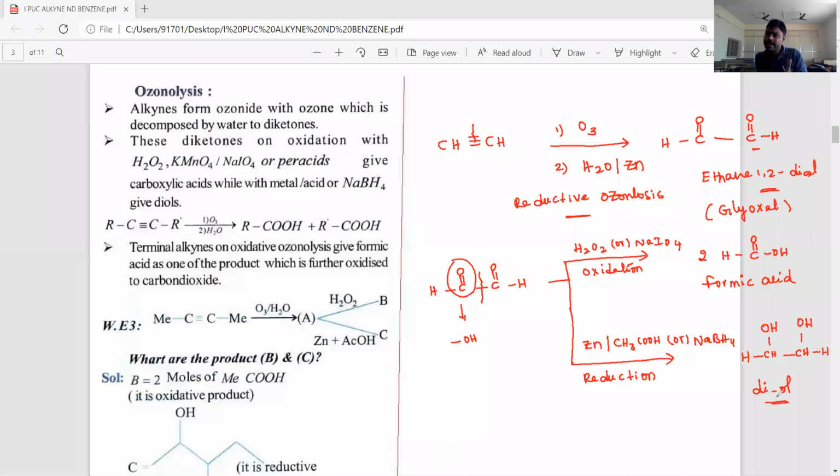The diketones or dialdehydes upon oxidation give 2 moles of acids, or upon reduction with zinc metal, sodium borohydride, or lithium aluminum hydride, the carbonyl group is converted into an alcohol. We get a diol, meaning 2 OH groups are in the product.